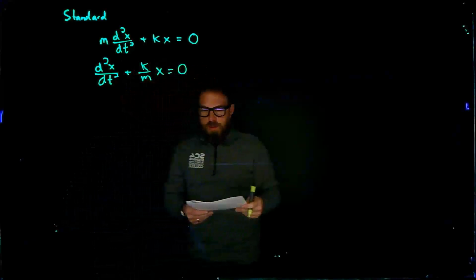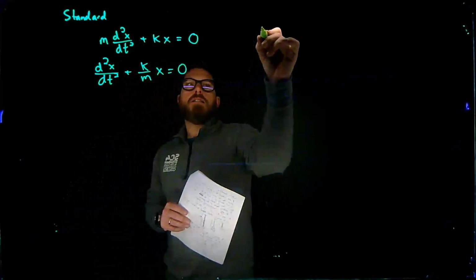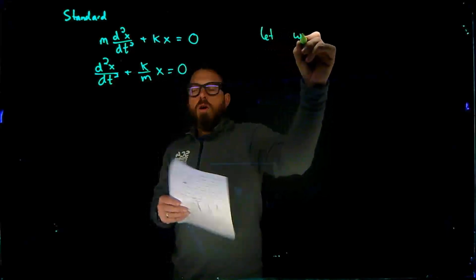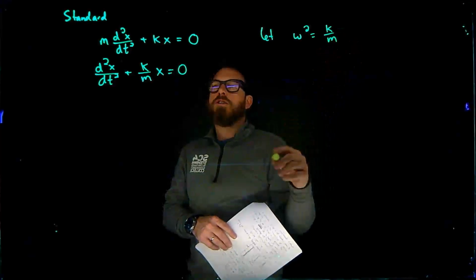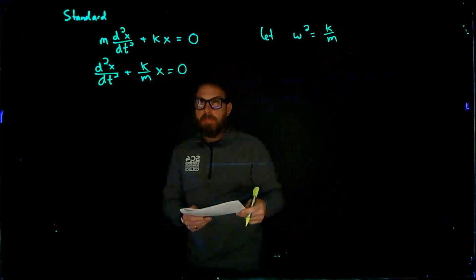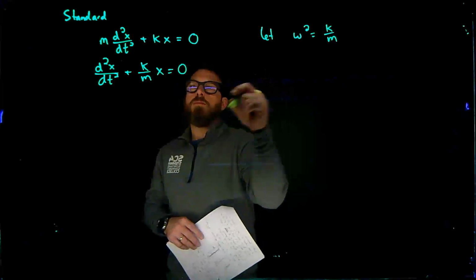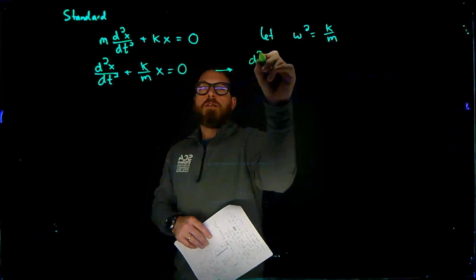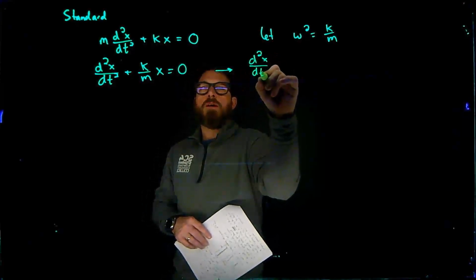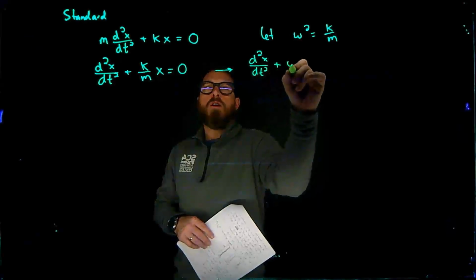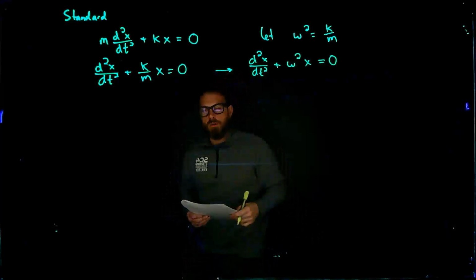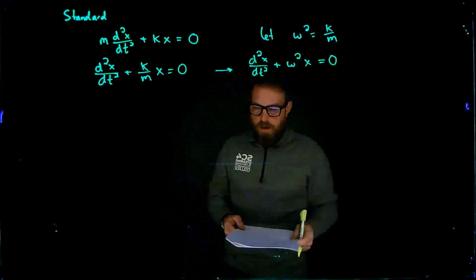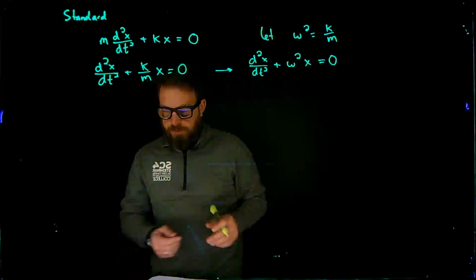Then we give some notation: we're going to let omega squared equal k over m. So this becomes the second derivative of x with respect to t plus omega squared x is equal to 0. That's going to be our notation for this differential equation.